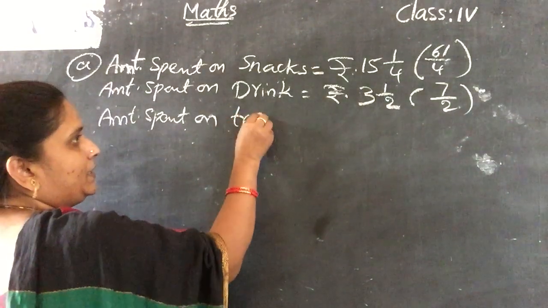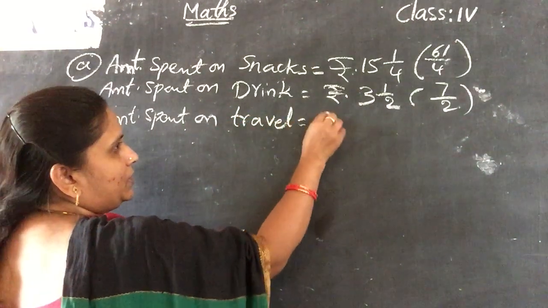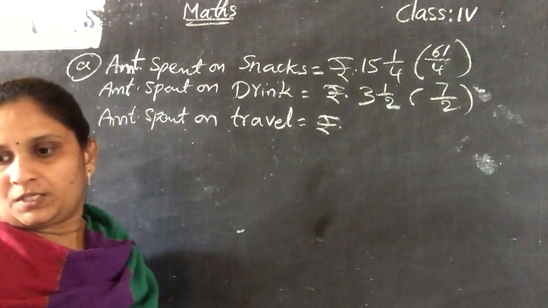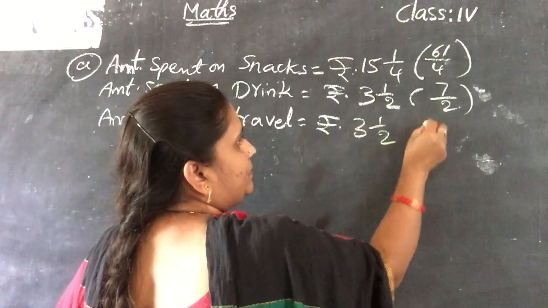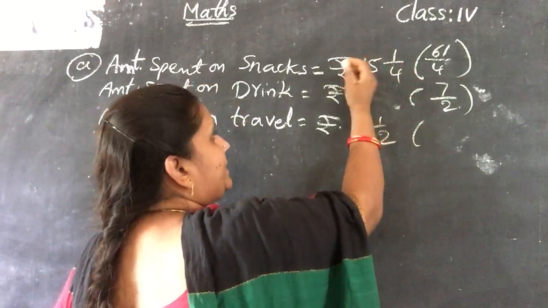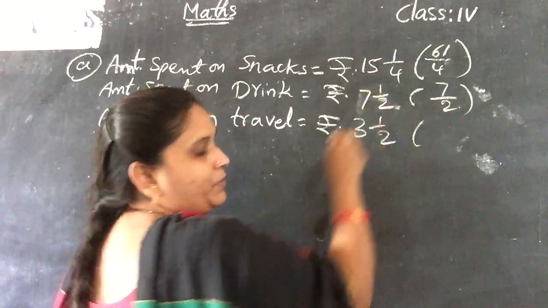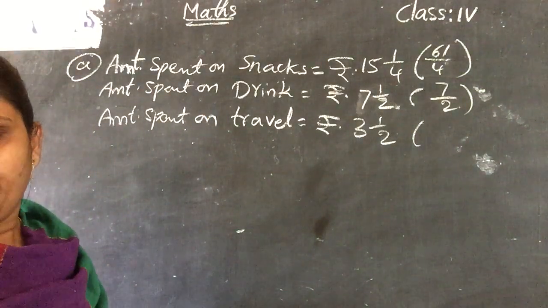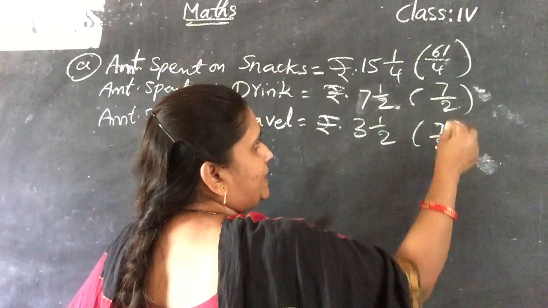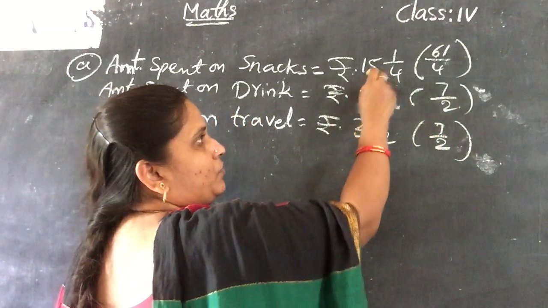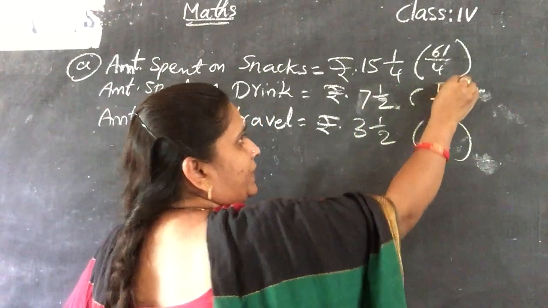Sorry children, actually the amount spent on drink is 7 1/2 and the travel is 3 1/2. Okay, 7 1/2: 7 2s are 14, 14 plus 1, 15/2.